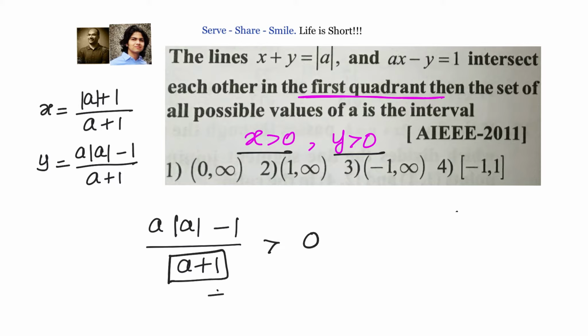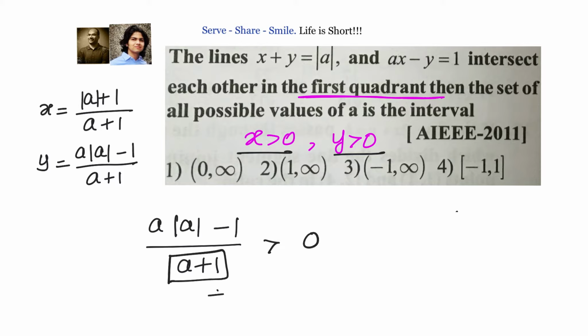So we already know that one condition we have to satisfy is a greater than minus 1, and another condition we are getting is a into mod a minus 1 is greater than 0. That means a into mod a is greater than 1.